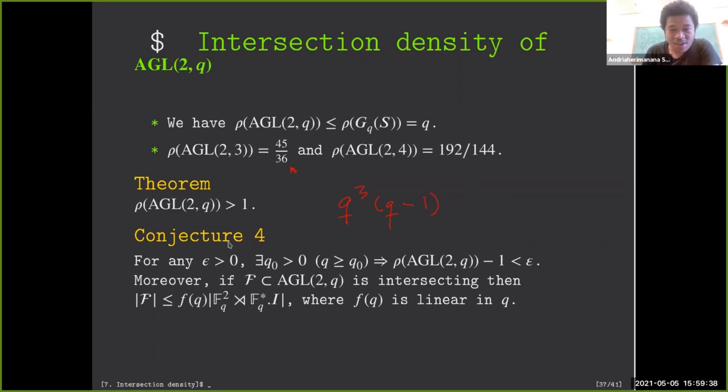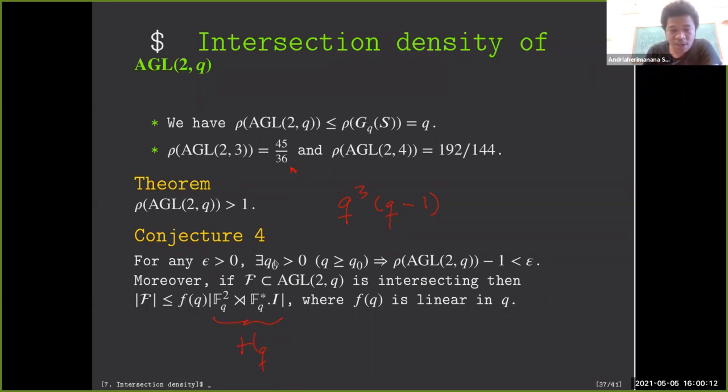But my conjecture is the following. When q is large, the intersection density of AGL(2,q) acting on the line tends to 1 from above. And what we think happens is that the maximum co-cliques of the derangement graph of AGL(2,q) are in fact unions of cosets of the point stabilizer.